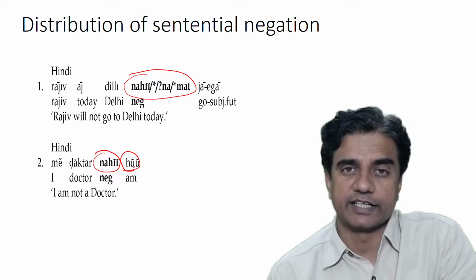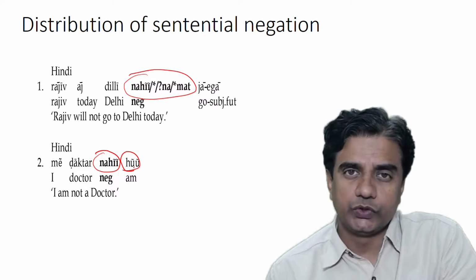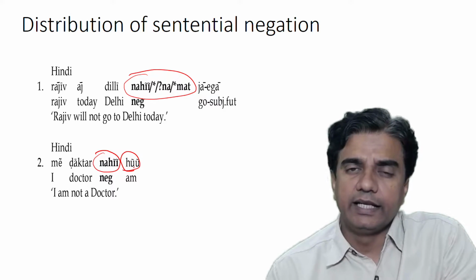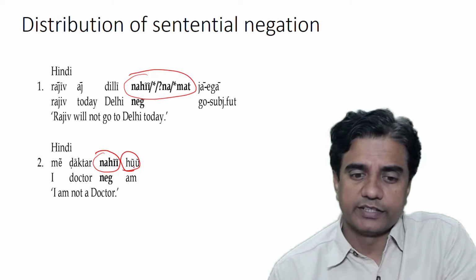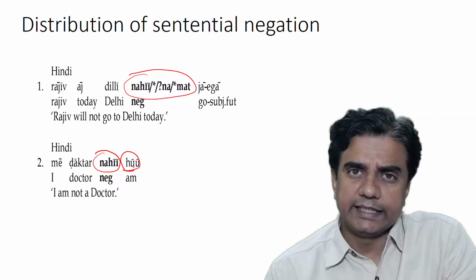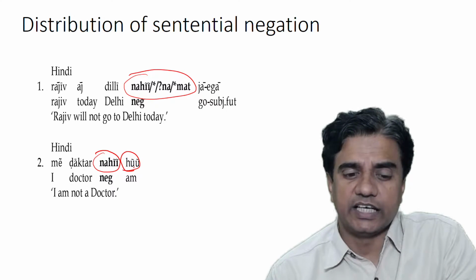So, what we see from sentences 1 and 2 is that there are three negative markers in a language like Hindi, namely nahi, na, and mat. They all occur to the left of the verb in the surface order, and there are restrictions on the occurrence of these negative markers.